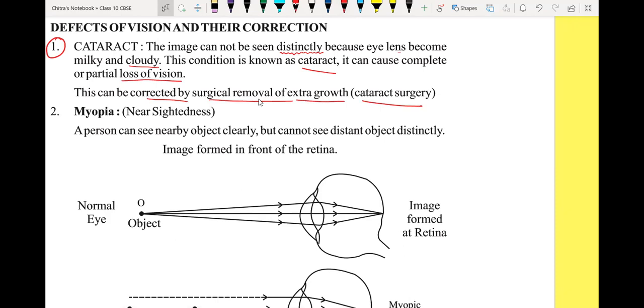The cloudy and milky part of the eye must be removed in order to form a clear image again.